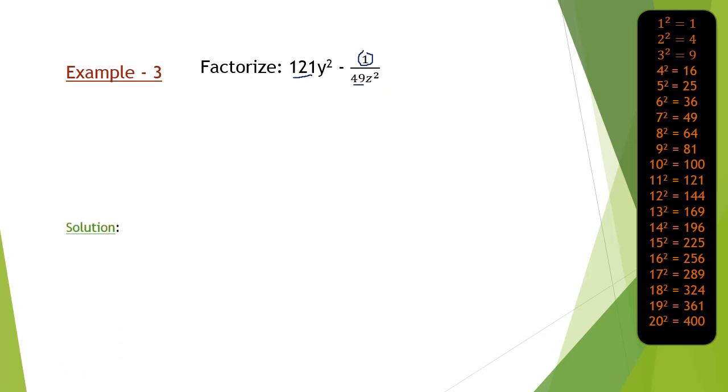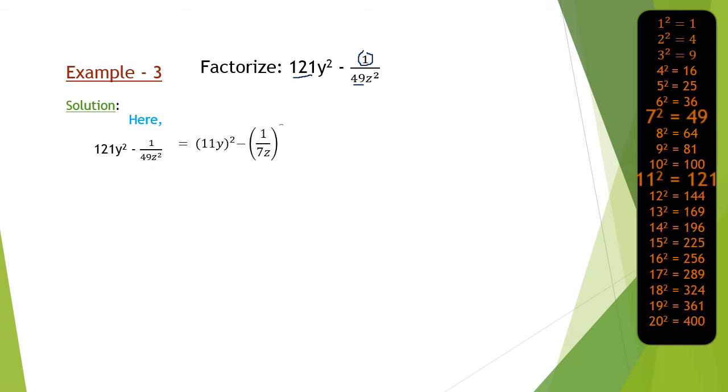So, solution. We have the 121y square. Now we have to change this into a difference of squares. 121 is the square of 11, and 49 is the square of 7. So instead of 121y square, we can write (11y) whole square, and 1 is the square of 1 itself. 49z square is the square of 7z.